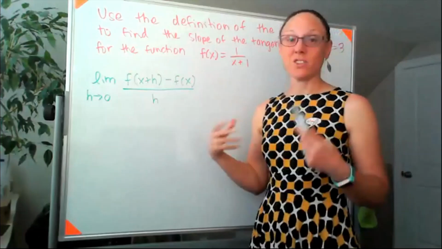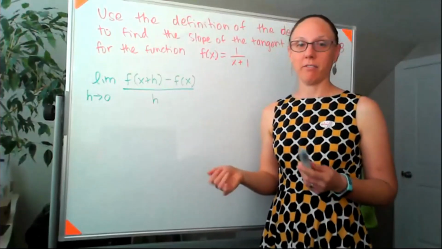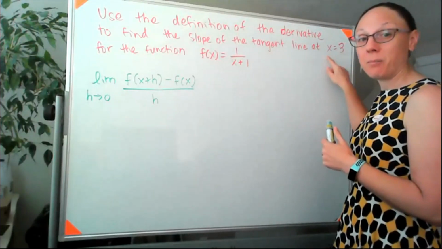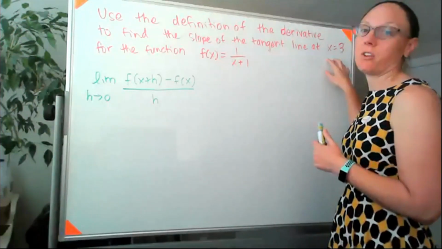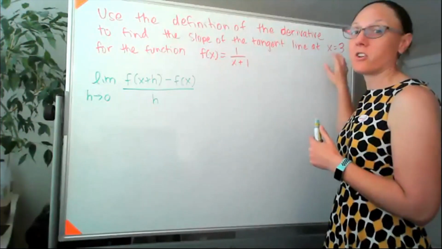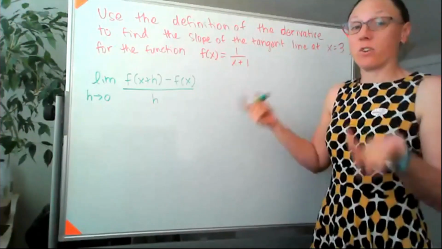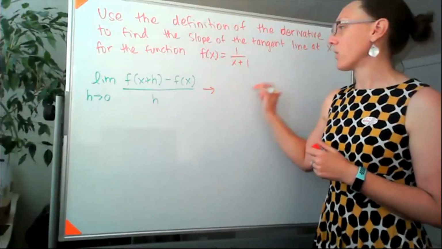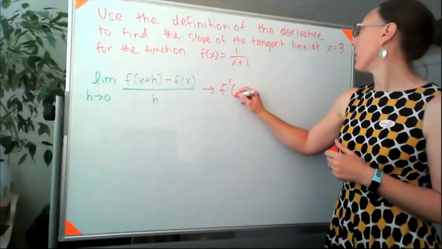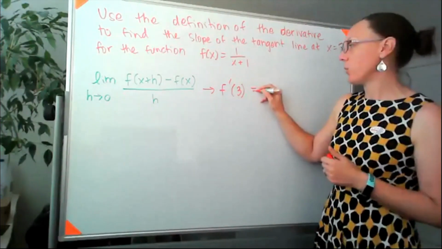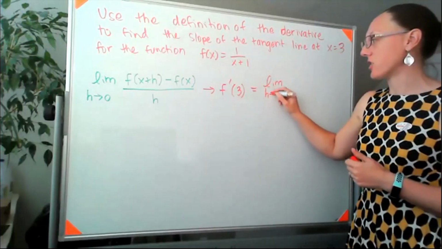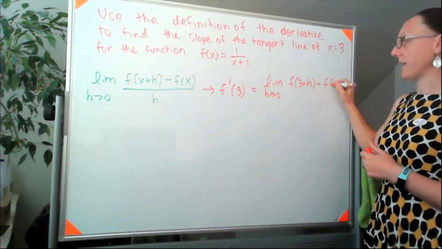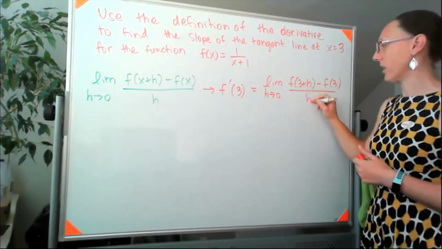Now this is generically our limit definition of the derivative, but in this problem, we've been given a specific point, meaning we already know what x value we should be looking at it for. So if we want to, we can turn this for this particular problem and say our slope, or f prime at 3, would look like the limit as h approaches 0 of f of 3 plus h minus f of 3 all over h.